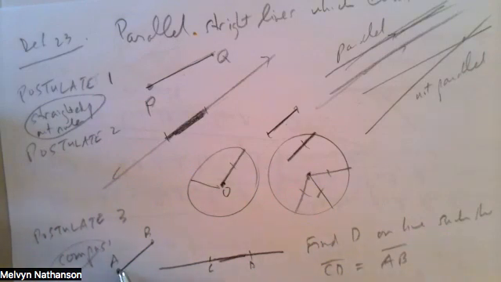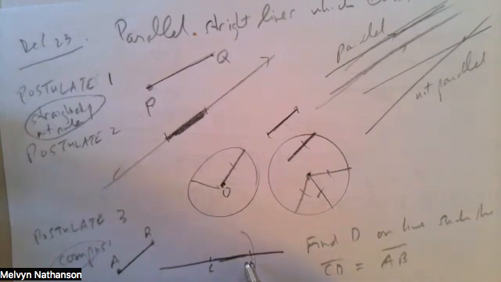Take your compass, put one end at A and the other end at B, then lift your compass, move to the line, put one end at C, draw the circle, and where the circle crosses the line, that's the point D. So that's how you can construct a segment on the line of the same length as a given line segment. But in Euclid's geometry, you're not allowed to do that.